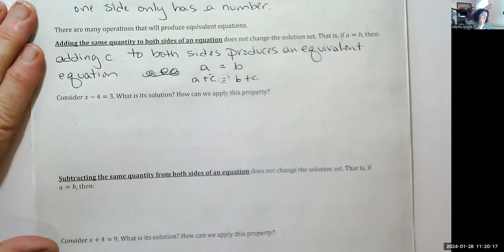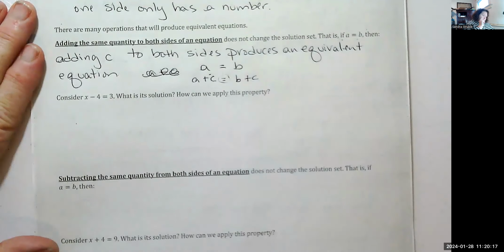Because there's an equal sign, I have to add 4 to the other side. You just can't make it go away on one side. You have to keep it equal. So 3 plus 4 is 7. This equal sign comes down here as well. So this becomes x, because x plus 0 is x, is equal to 7. And that is it. 7 is our solution. And that's how we apply the property.